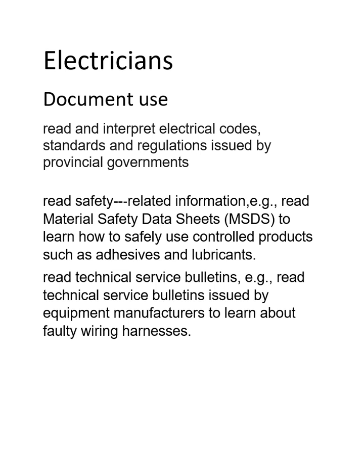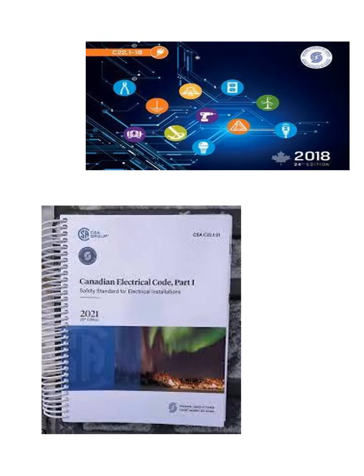Read technical service bulletins issued by equipment manufacturers to learn about faulty wiring harnesses. Here's an example of one document that all the electricians know about, the code book. On top is an organization, CSA, that has many different information bulletins that have a relevance to electricians.